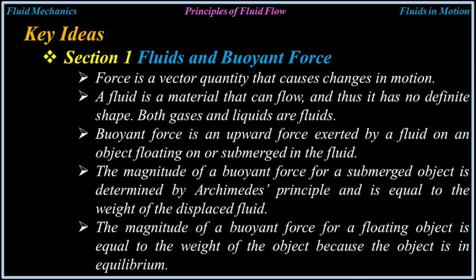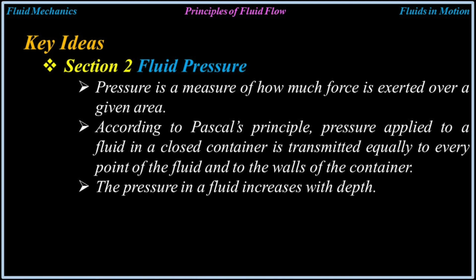The magnitude of a buoyant force for a submerged object is determined by Archimedes' principle and is equal to the weight of the displaced fluid. The magnitude of a buoyant force for a floating object is equal to the weight of the object because the object is in equilibrium.